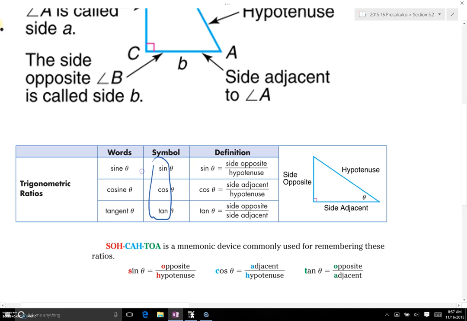So here are the abbreviations, sine, cosine, and tangent. And they are ratios. So when we take the sine, for example, of 30 degrees, we get a unitless number, which is the ratio. And in this case it would be 1/2.